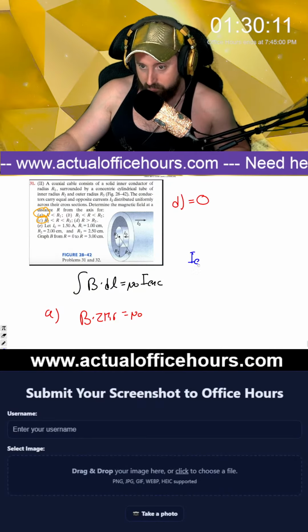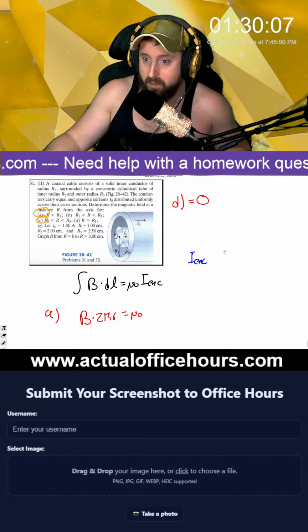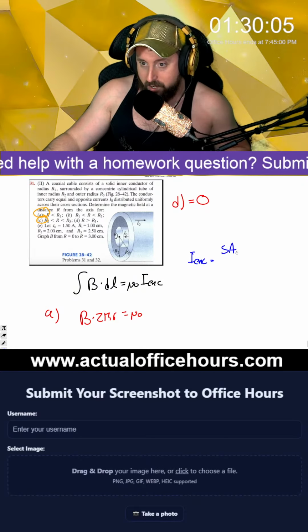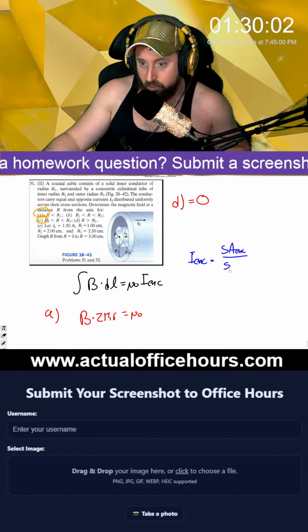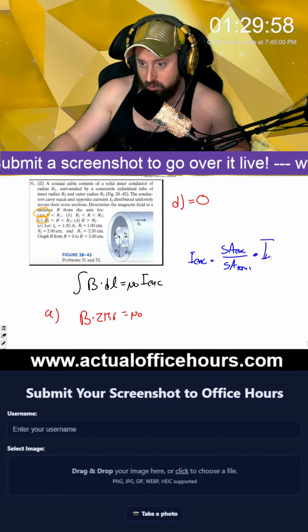The current enclosed is going to be equal to the volume. Sorry, it's not the volume. It's equal to the surface area enclosed over the surface area total times I total.